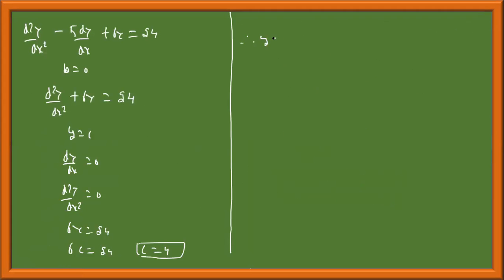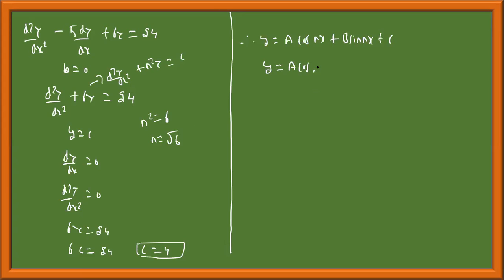Therefore, y = a cos nx + b sin nx + c. This is of the form d²y/dx² + n²y = some constant c, where n² = 6, n = √6. So y = a cos √6x + b sin √6x + 4, since this is a non-homogeneous equation, the constant comes into the picture.